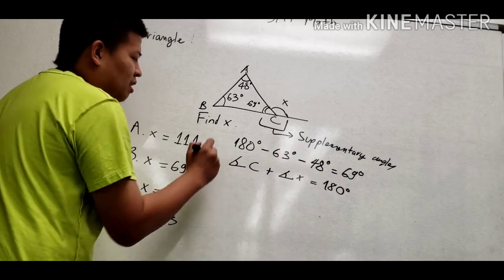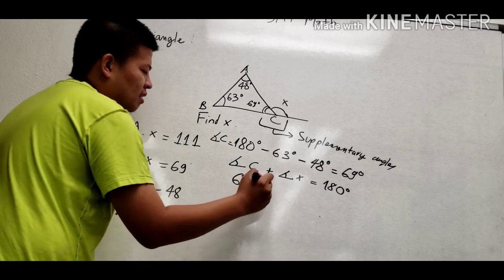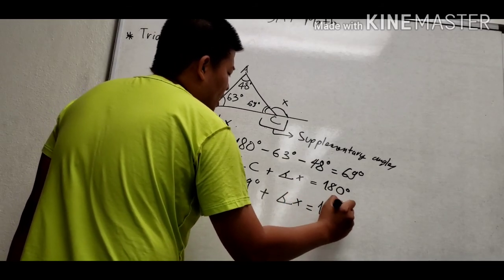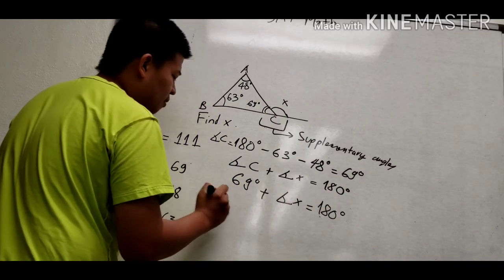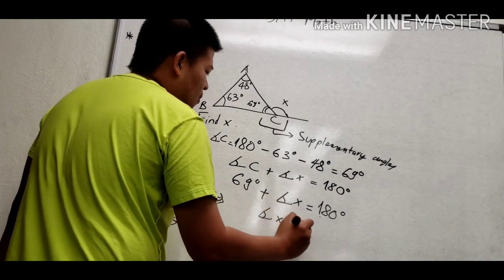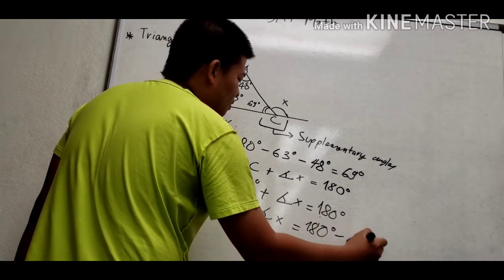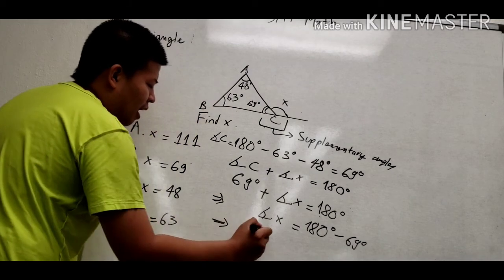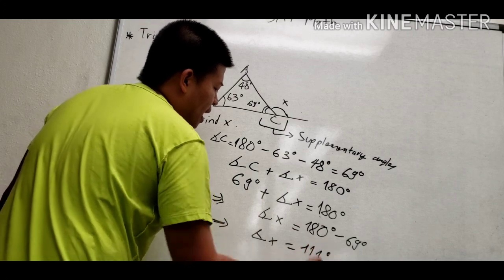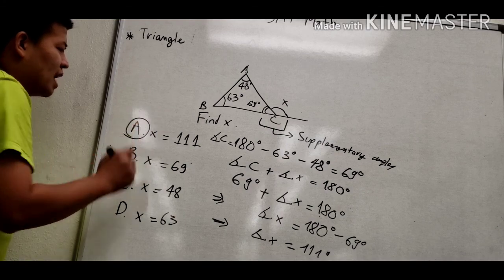But angle C we just calculated is 69, so 69 plus angle S equals 180 degrees. Then angle S is 180 degrees minus 69, and angle S becomes 111. So the answer for the question is A.